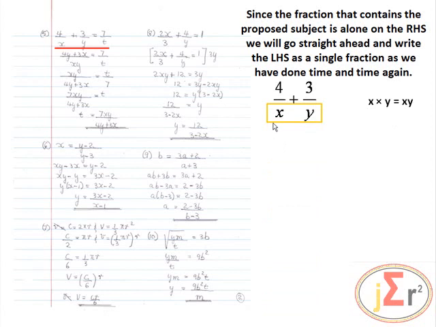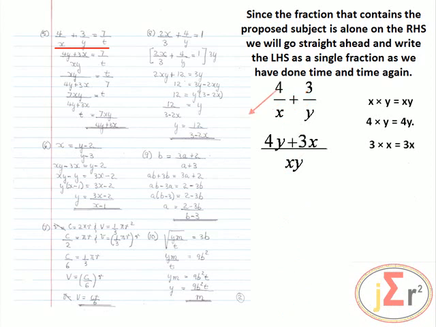The new denominator will be the product of the 2 denominators, and then we have in the numerator the product of those 2, and also the product of those 2. And no doubt it is equal to 70, as we have right there.